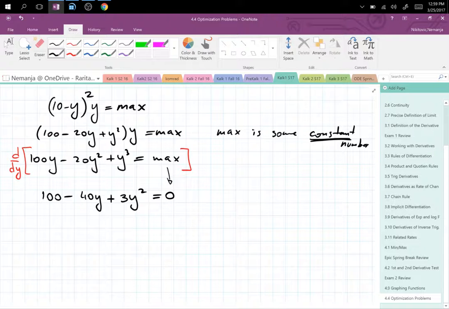All right, so now you grind this through your quadratic formula, and you will find the value for y. So what do we have?